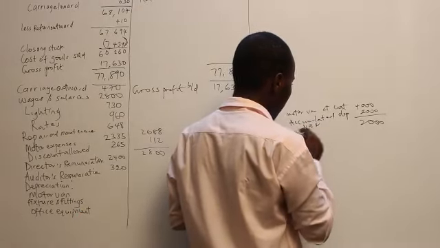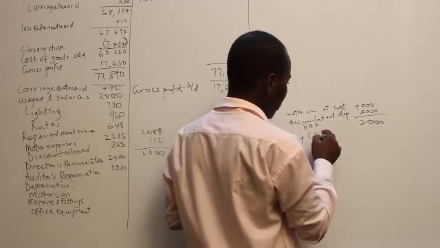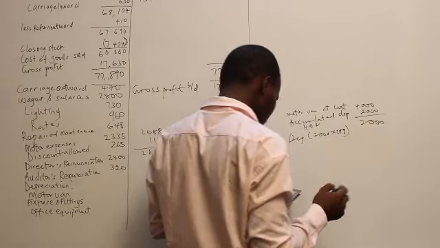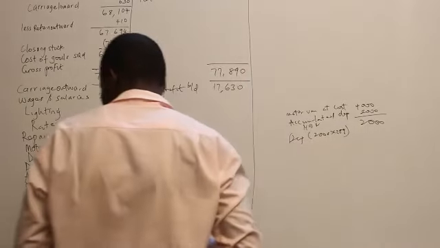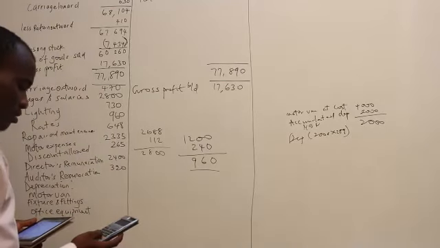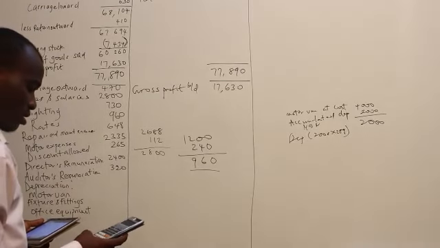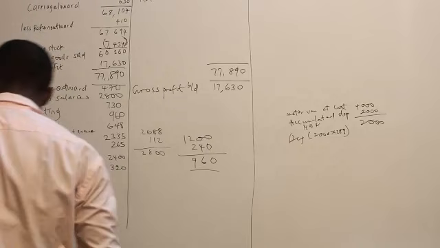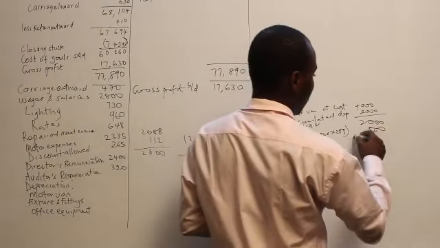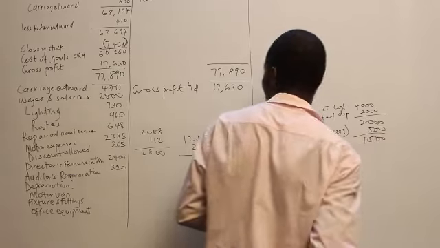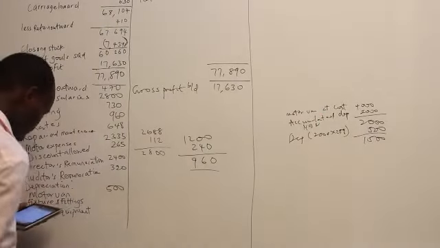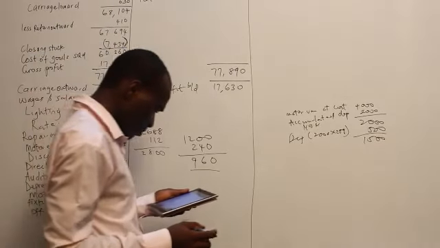Depreciation for the year will then be 2,000 naira times 25%, which gives us 500 naira. So 500 naira will be provided as depreciation in that year. So depreciation for motor van is 500 naira, on the reducing balance system.